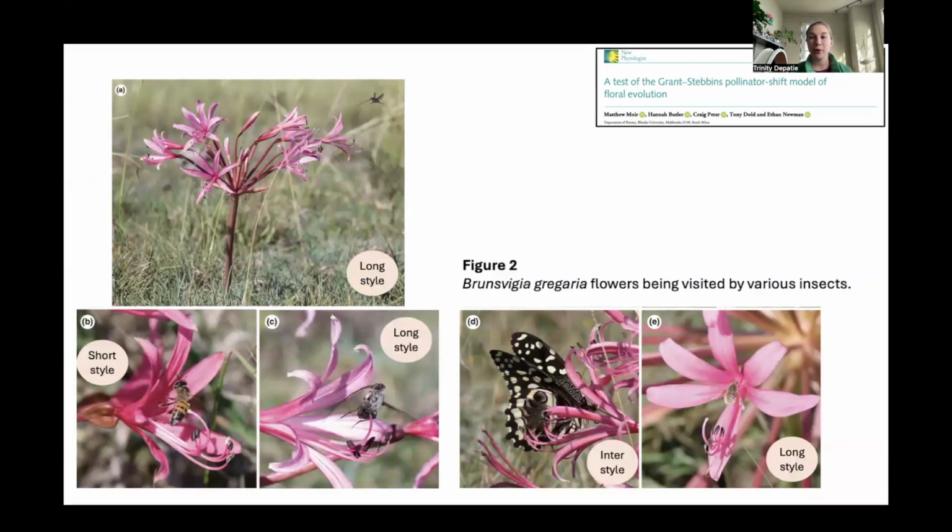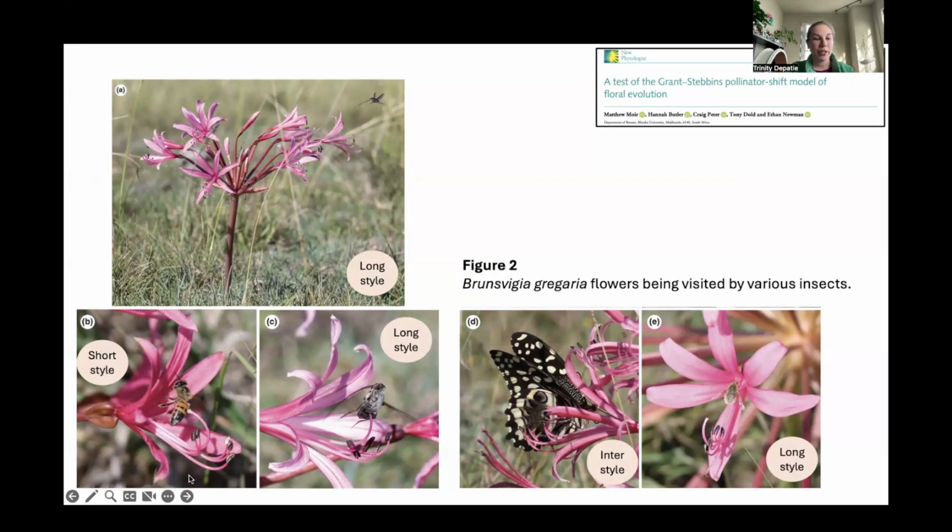Within this paper, figure 2 is showing us these wonderful plants. They're very pretty. And here, panel A is showing us a long-styled plant. It seems that this plant just grows right out of the ground and produces many of these flowers. And again, we can see right here this long style, as well as an insect that is coming to visit.